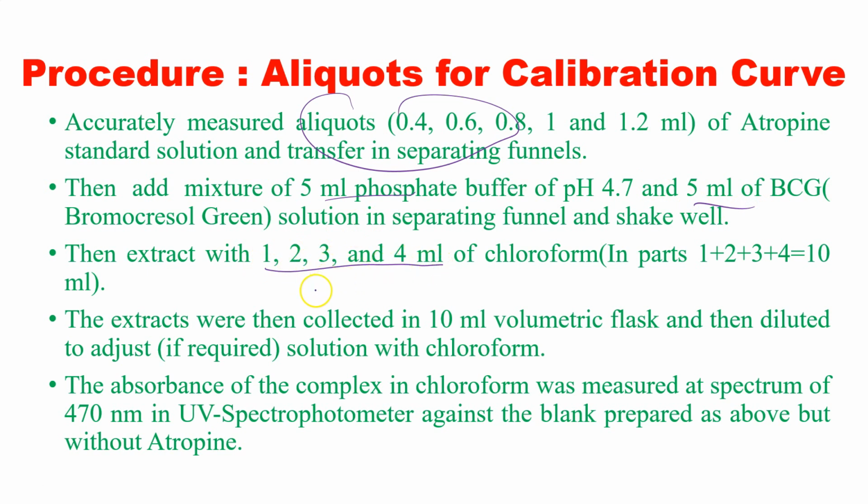So it will become totally 10 ml. That you need to utilize as the blank solution for the calibration curve. So this will be the blank, and these are the 5 concentrations of atropine standard solution.